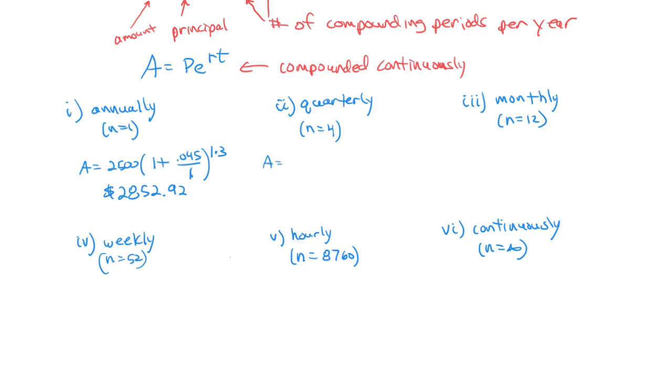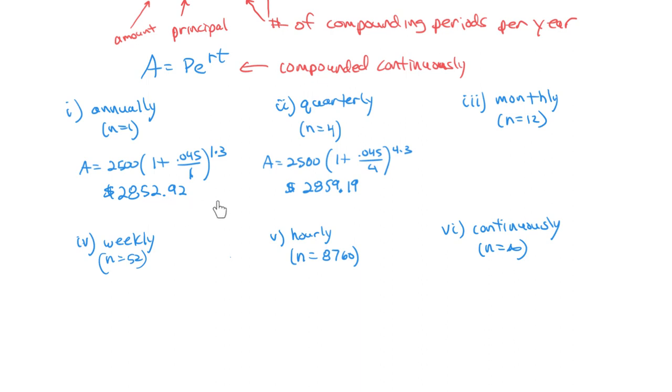So this is the amount equals 2,500 times 1 plus 0.045 over 4 raised to the 4 times 3. And what I got was 2859.19. So when you compound it quarterly, you make a little bit more money, right?